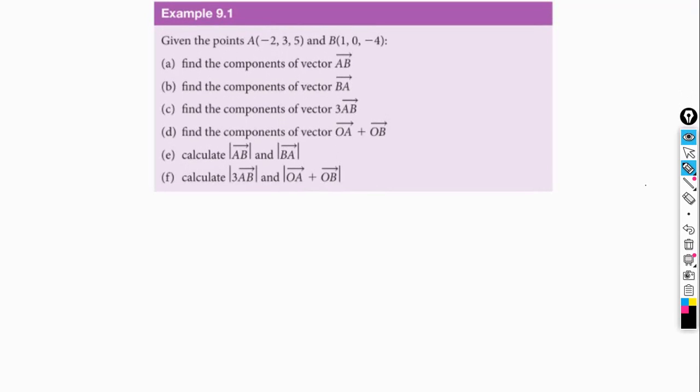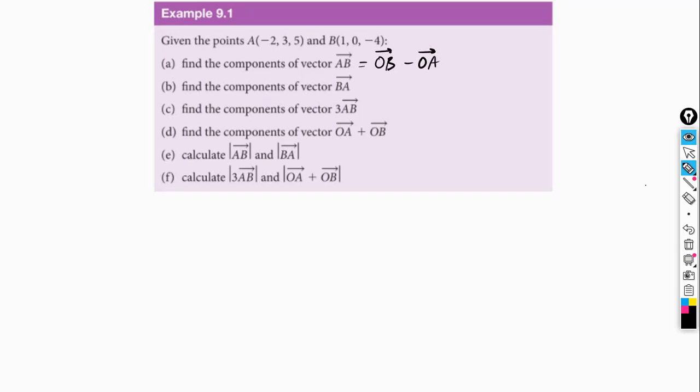So next we're going to do example 9.1, and it says, given the points A, minus 2, 3, 5, and B, 1, 0, negative 4, part A, find the components of vector AB. So remember that we said that this is the same as vector OB minus vector OA.